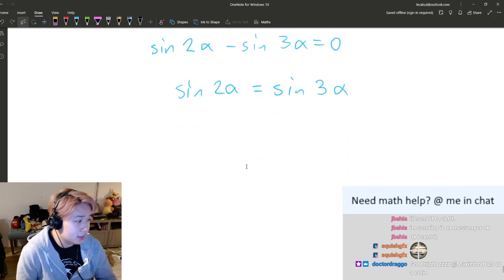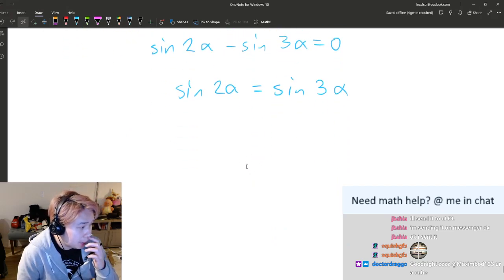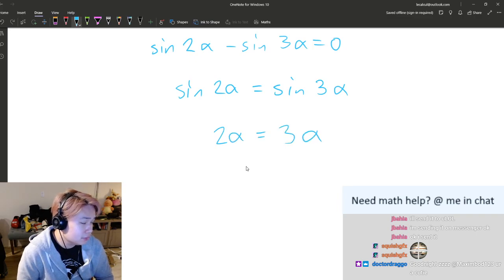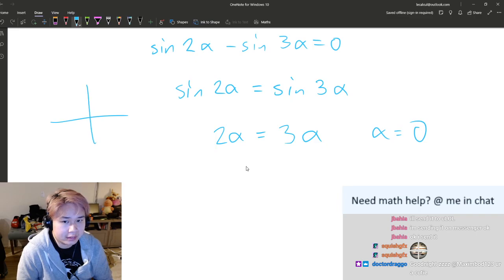But essentially, to solve this one, you can either have them equal to each other, and then that gives you your first answer, which is alpha equals 0. Or you need to consider that one of them is in the second quadrant, I think.